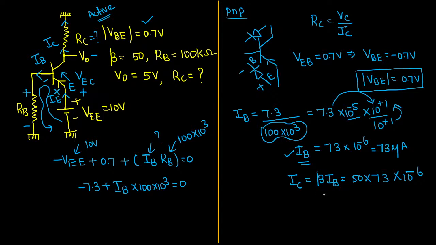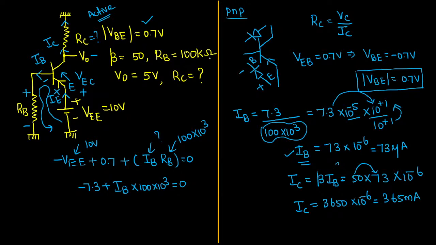Now 5 times 7 will be 350, and 5 times 3 will be 150. So 3650 into 10 power minus 6, or we can say 3.65 milliampere. Successfully we have found the value of collector current.